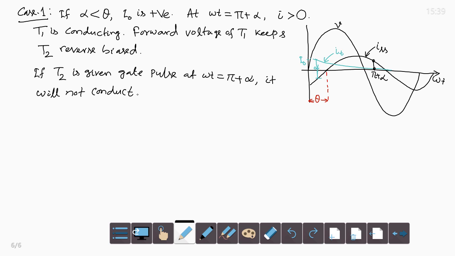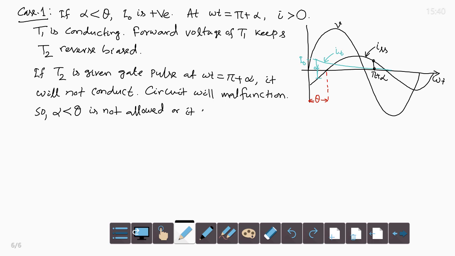So, circuit will malfunction. So, alpha less than theta is not allowed, or it cannot give voltage control.